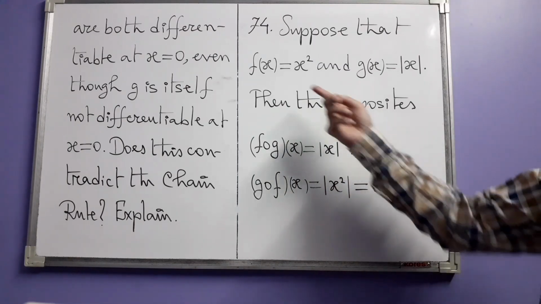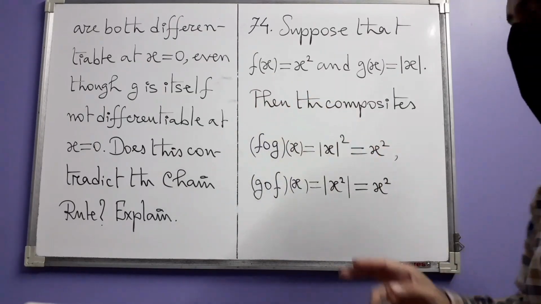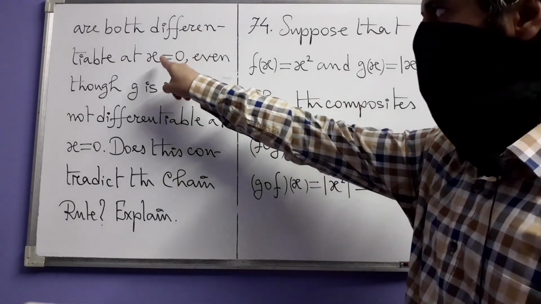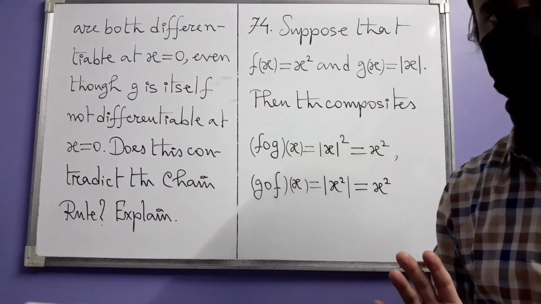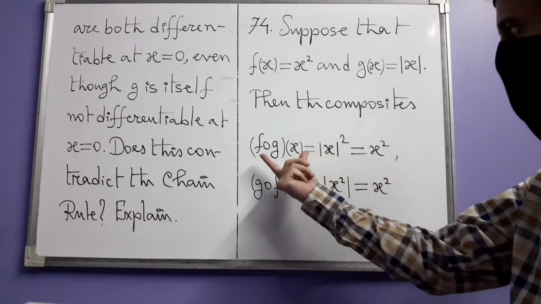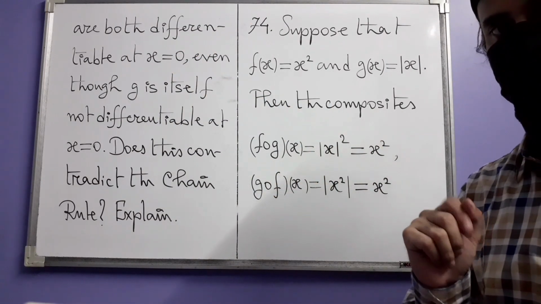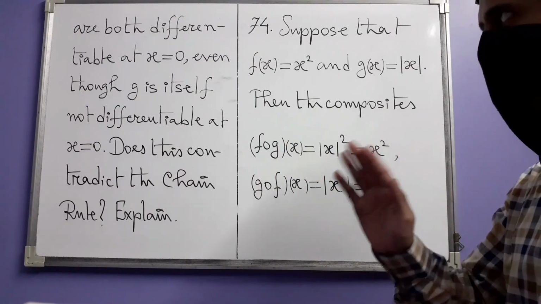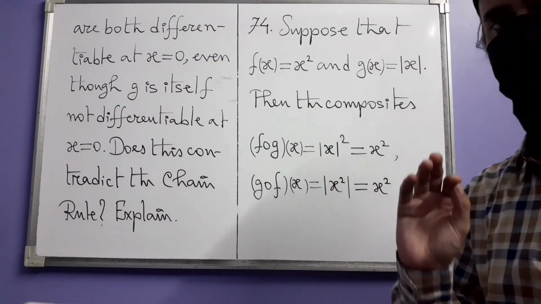So actually we just get back f, nothing else. The square function is known to be differentiable at x equal to 0. That means these two composite functions are both differentiable at x equal to 0.